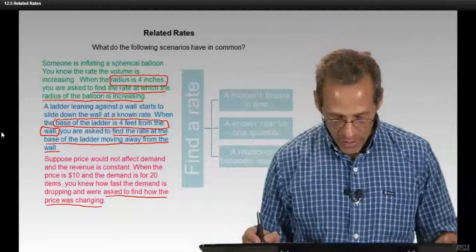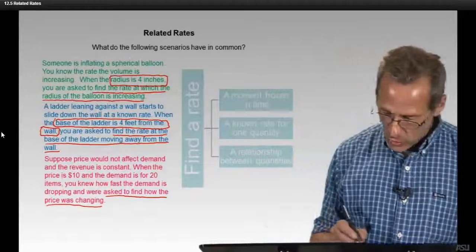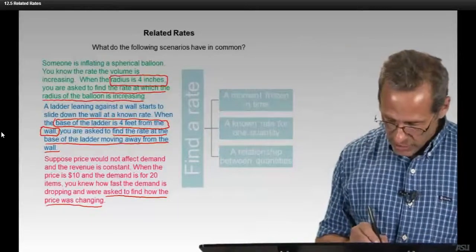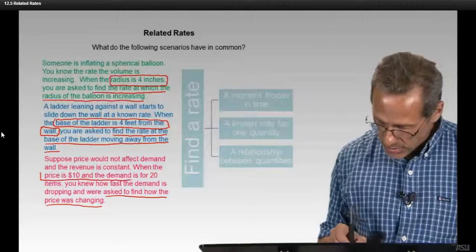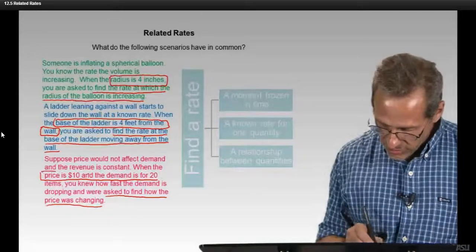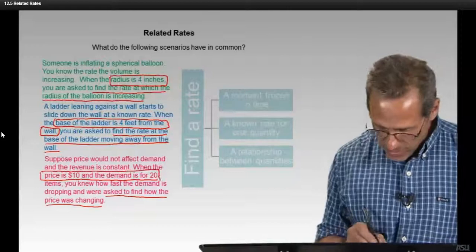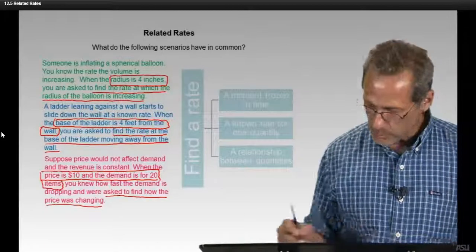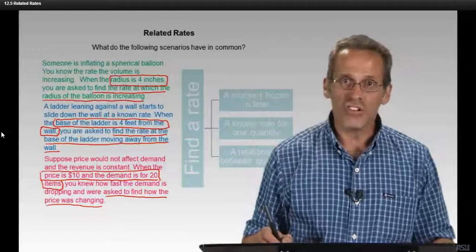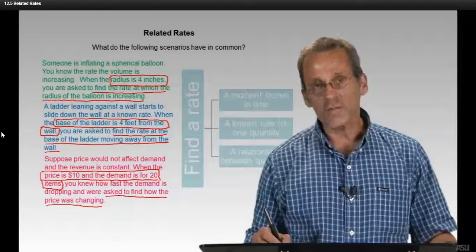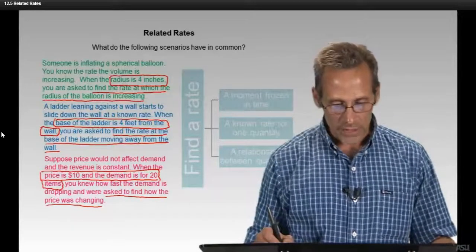And in the third scenario, we are asked to take a look at the relationship of revenue, price, and demand at a particular moment when the price is $10 and the demand is for 20 items. What else do they have in common, these three scenarios? A known rate for one of the quantities is provided.